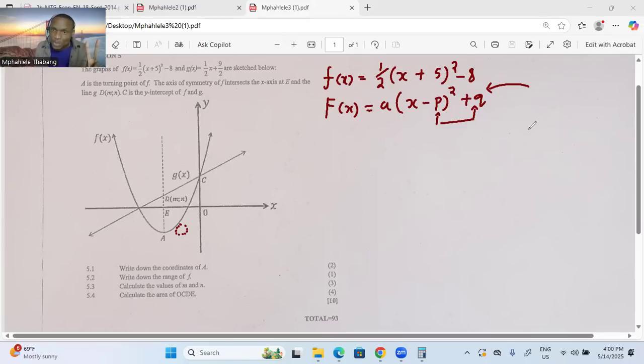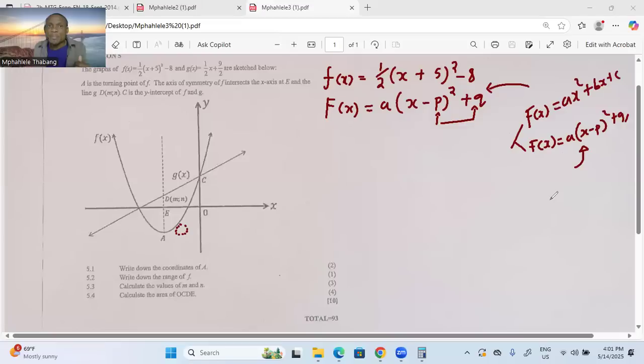We can give you f of x equals ax squared plus bx plus c, or we can give it to you as f of x equals a(x minus p) squared plus q. In this form, it is easy to see the coordinates of the turning point.